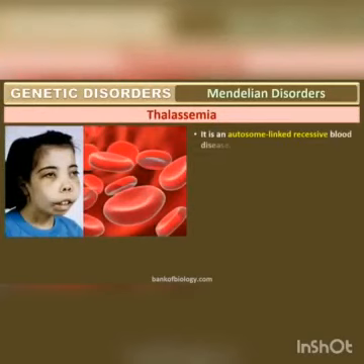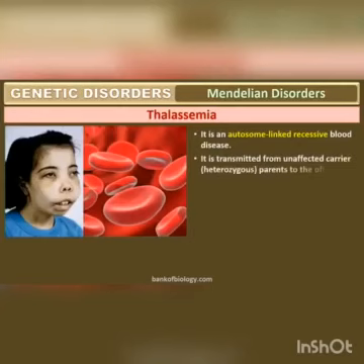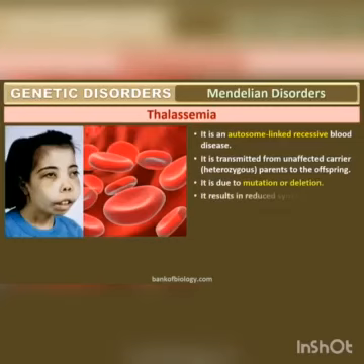Next we see thalassemia. Thalassemia is an autosomal recessive disorder. It is caused by gene mutation resulting in excessive destruction of RBCs due to the formation of abnormal hemoglobin molecules.